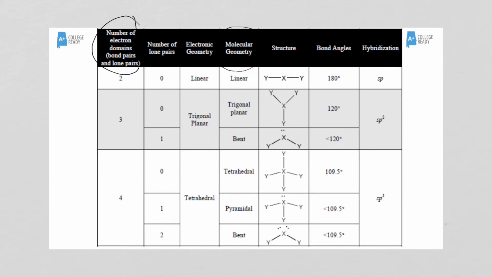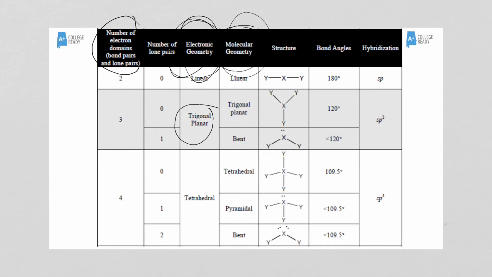Sorry, I circled the wrong thing earlier. I'm talking about electronic geometry, which is also called electron domain geometry. Molecular geometry is the specific shape. Notice that we have this trigonal planar electron domain geometry, which just means there are three areas around the central atom.